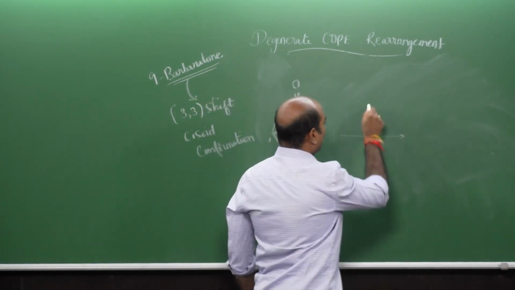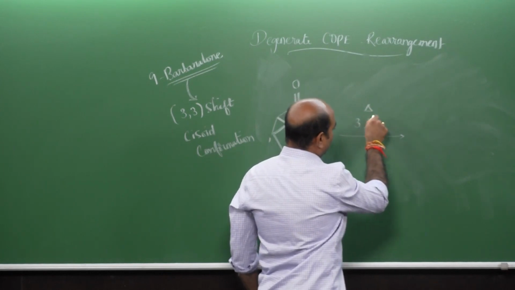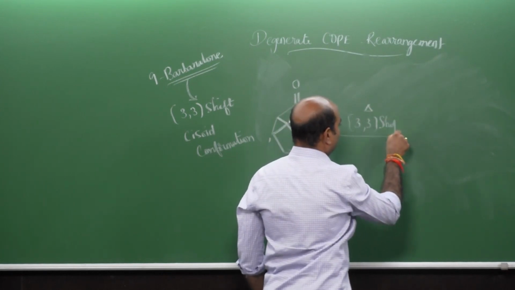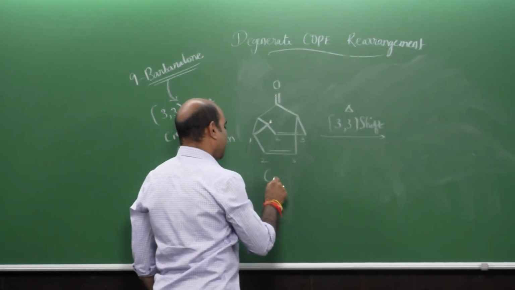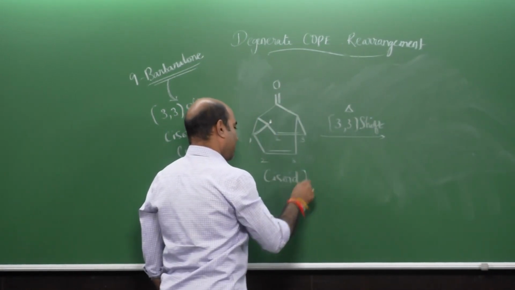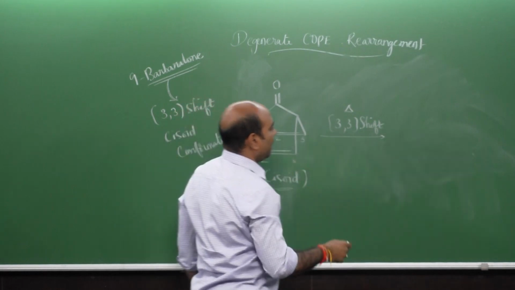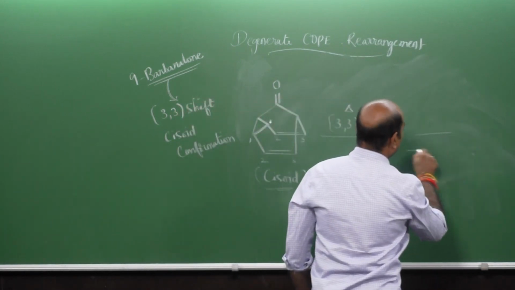So, under thermal conditions it undergoes 3,3 shift. So, this is in cissoid conformation and therefore, it readily undergoes rearrangement.